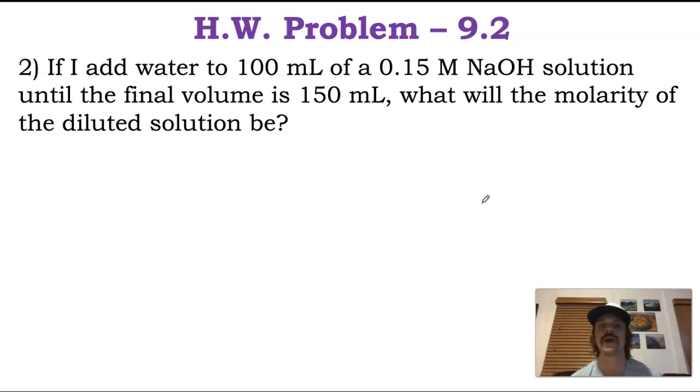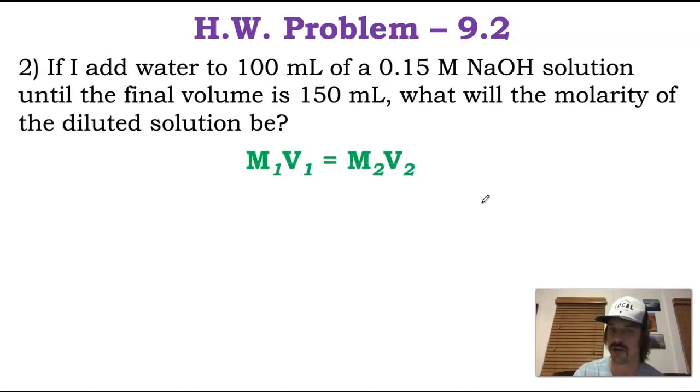Okay? So if I add water to 100 milliliters of 0.15 molarity sodium hydroxide until the final volume is 150 milliliters, what will the molarity of the diluted solution be? All right, so I can just label my variables and use this equation.